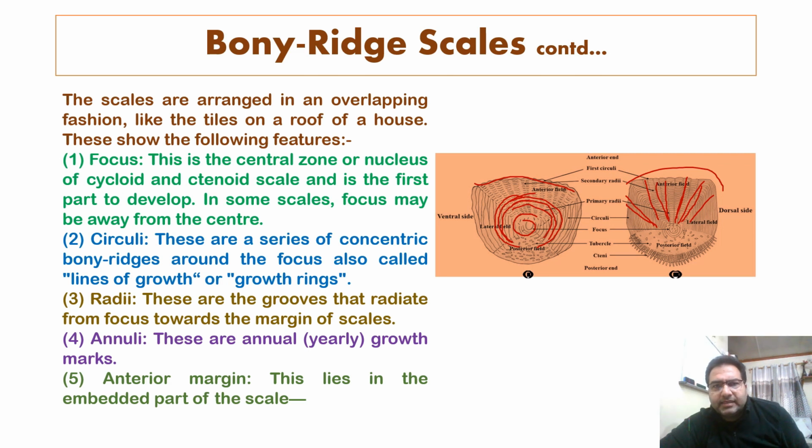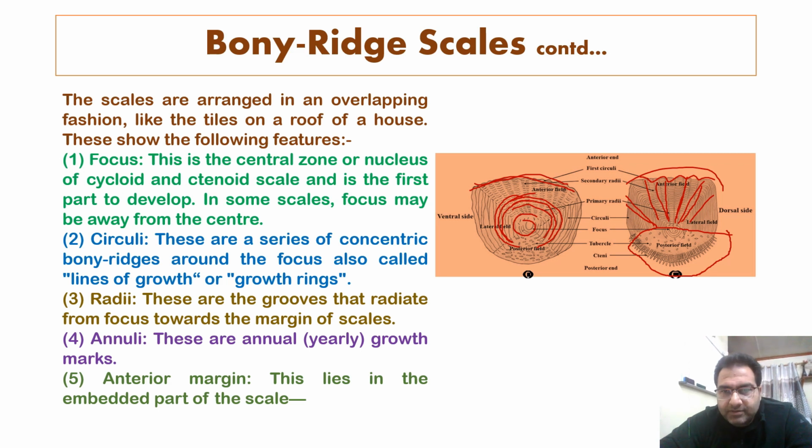In the ctenoid scales, the posterior margin is readily recognized. How? If the scale has comb-like teeth, or ctenii, it is a ctenoid scale. If it is round, we call it a cycloid scale. Cycloid scales are recognized by the presence of indistinct or eroded bony ridges, the circuli, whereas if it is comb shaped, we call it a ctenoid scale. Both cycloid and ctenoid scales may occur in the same fish.